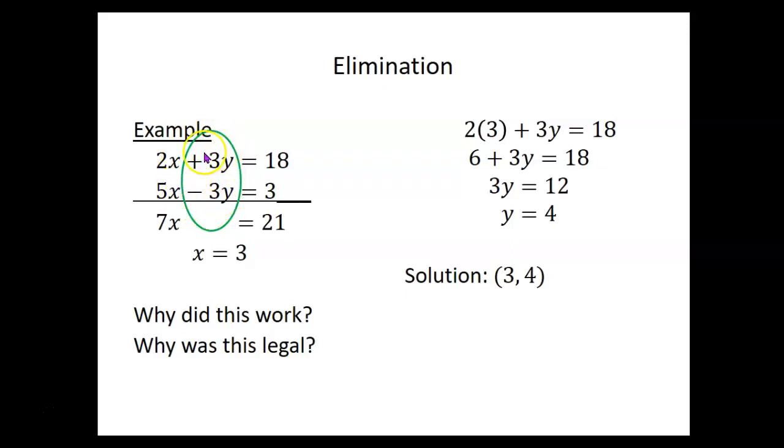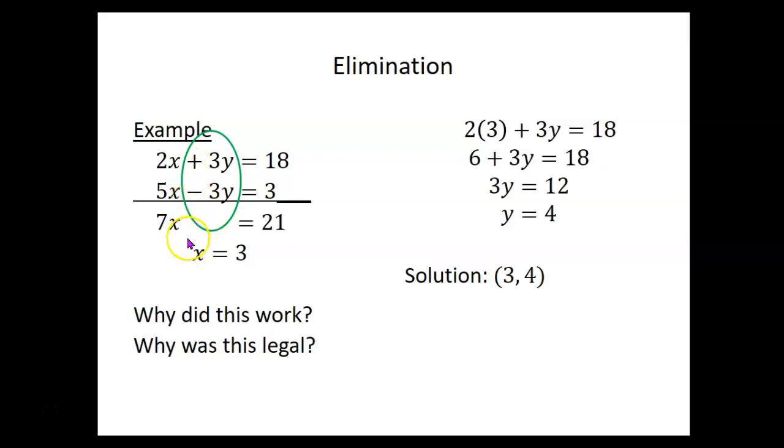So those were opposites of one another. Same coefficient on the y's, except one was positive and one was negative. So when we added them together, they just added up to 0, and that eliminated the y's altogether. That gave us an equation with only one variable left. So that's why that worked, to add the equations together.